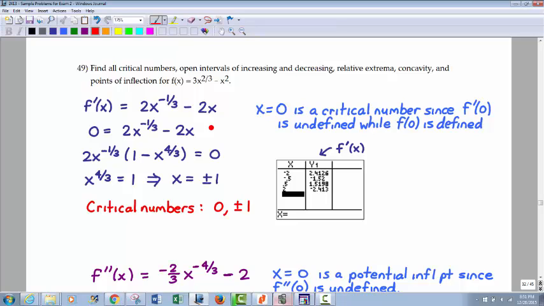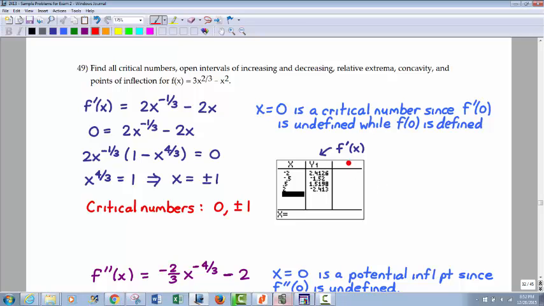But we're still going to set this equal to 0 to look for any more possible critical numbers. That was just that part. So I factored out, and this is a little tricky here. It might have been easier had I done this as kind of a cross multiply.